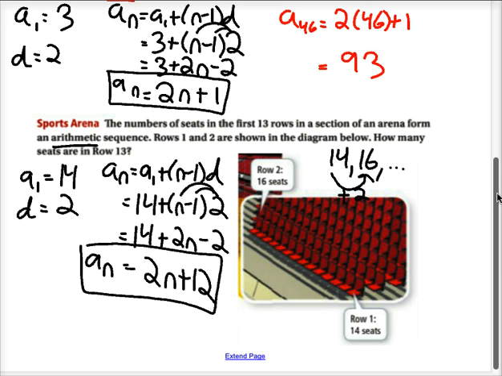And what am I looking for? Well, I'm looking for row 13. So that means I need to plug 13 in for n. So 2 times 13 plus 12, that 13th row is going to have 38 seats in it.